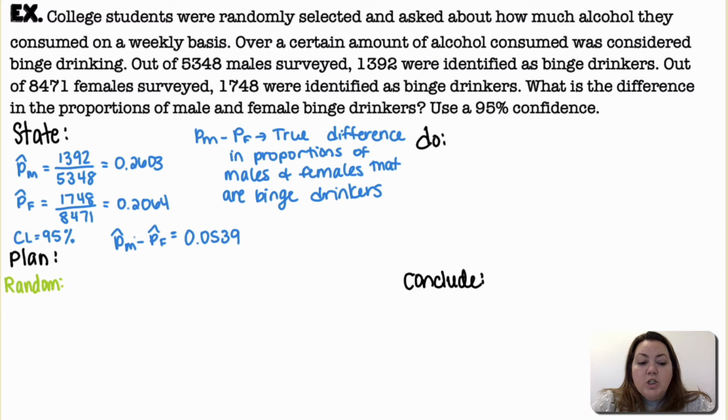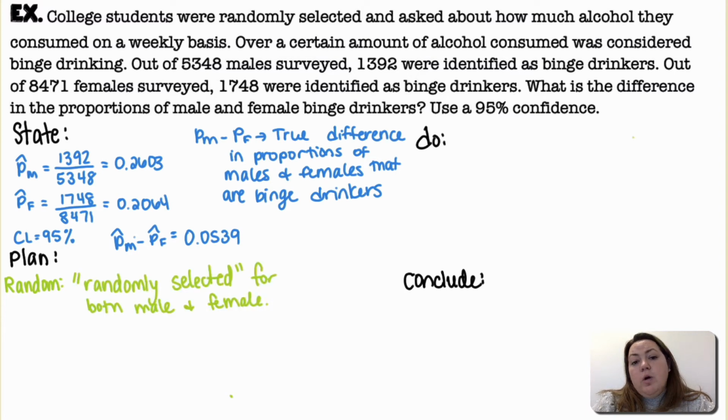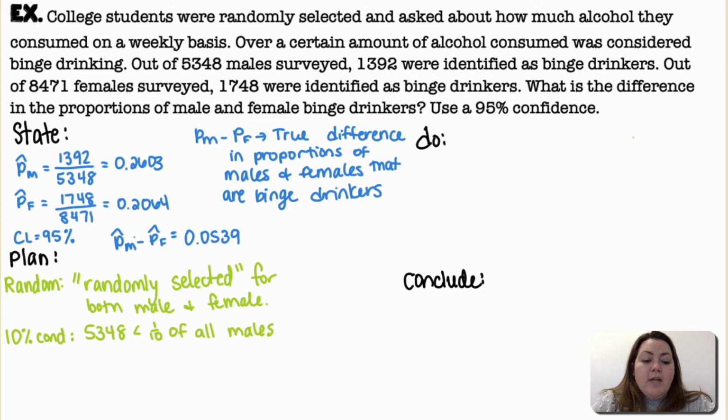When I'm checking my conditions, random: I need to have two independent random samples. So randomly selected for both male and female was stated. The 10% condition: 5,348, which is the sample size for males, is less than 1/10 of all males. 8,471, the sample size for females, is less than 1/10 of all females.